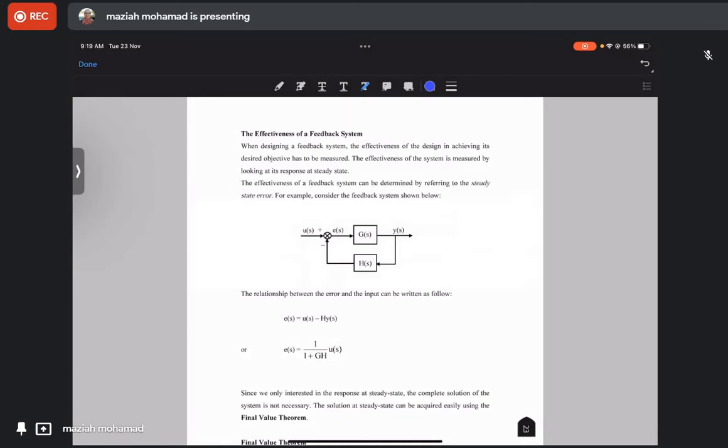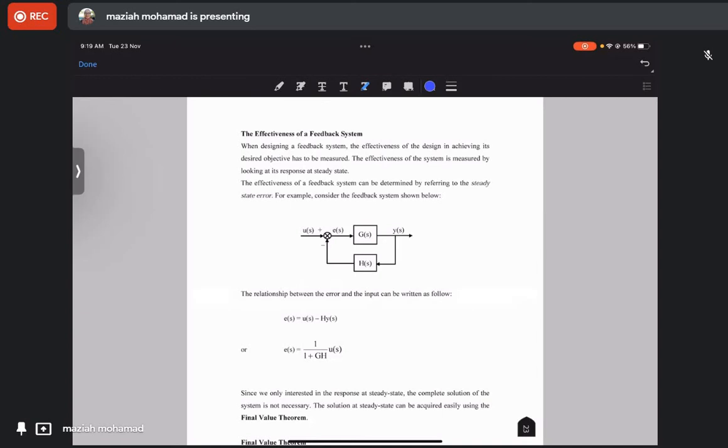Okay, transient region is when the system changes dynamically due to the input. Okay, and then it will settle to one final value, which is what we call a steady state. All right, so the time constant is the parameter for first order for the transient region. Okay, and as for the second order, it is rise time, peak time, maximum overshoot, and settling time. That is for the transient region for the second order system.